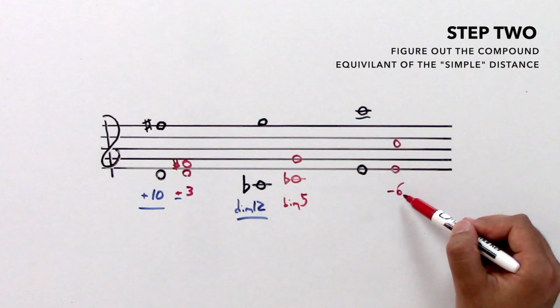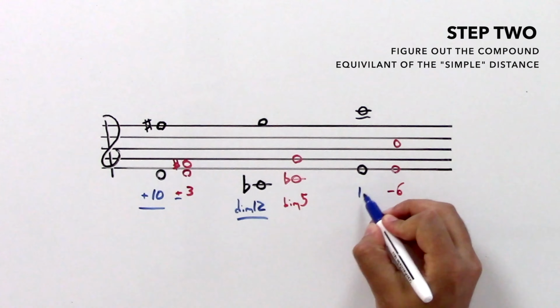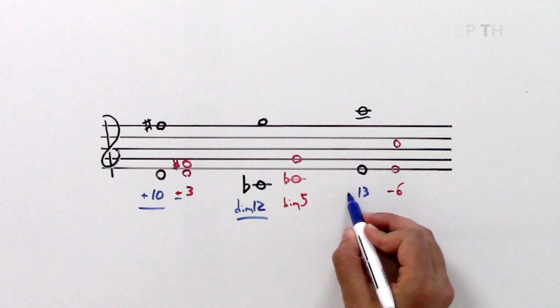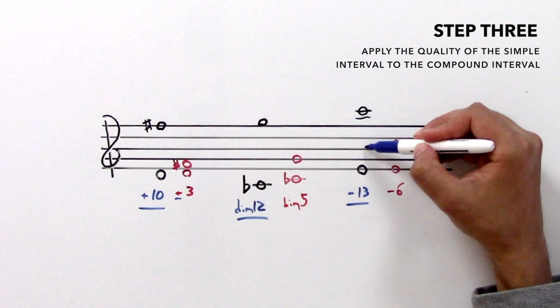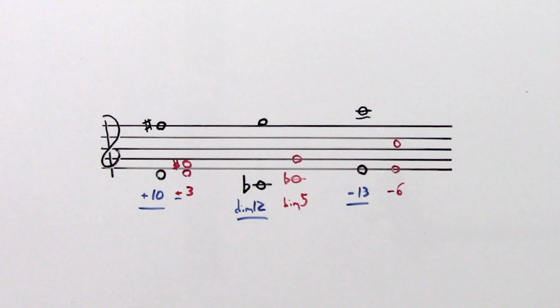I know that a sixth is equivalent to a 13th, so the compound version must be a 13th. And the quality is the same. It's a minor 13th. 1, 2, 3, 4, 5, 6, 7, 8, 9, 10, 11, 12, 13. I wasn't lying. It's a 13th, and it's also minor.